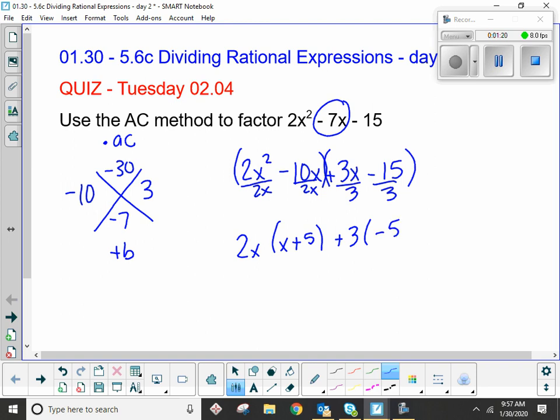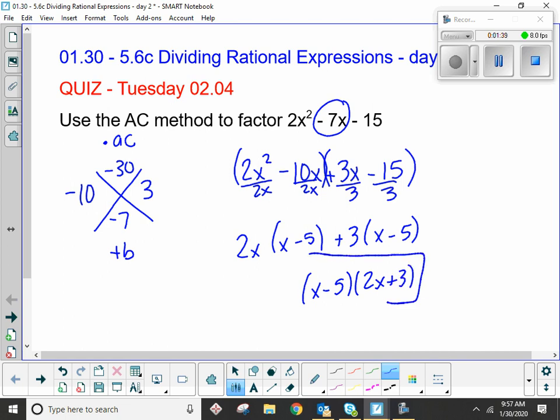Oh, this is a minus 5. It's called error analysis. It's good for you to figure out where I went wrong.